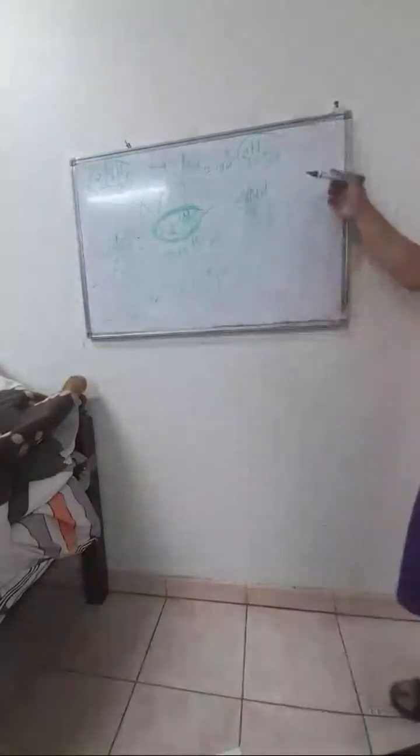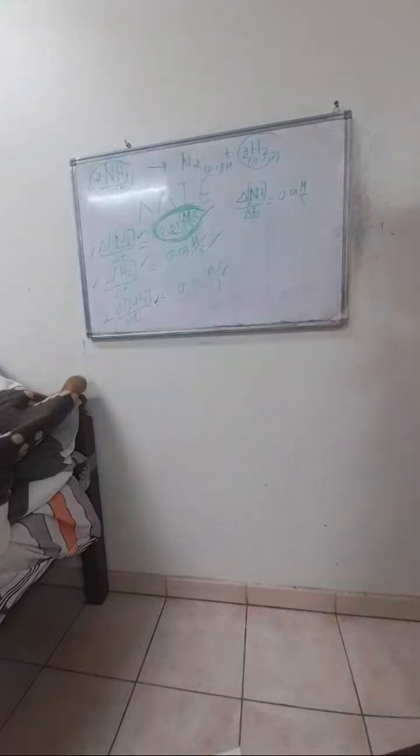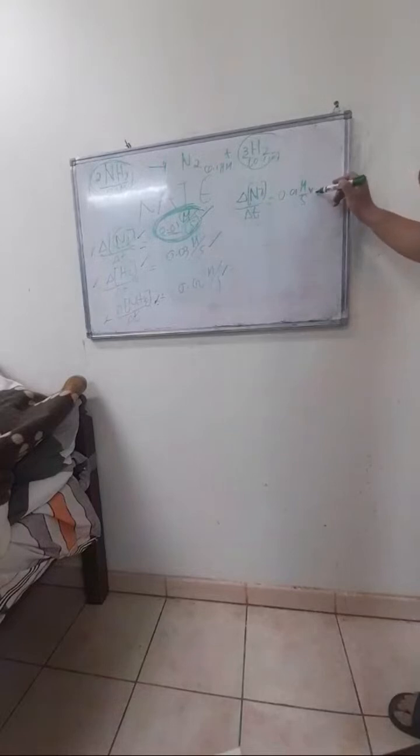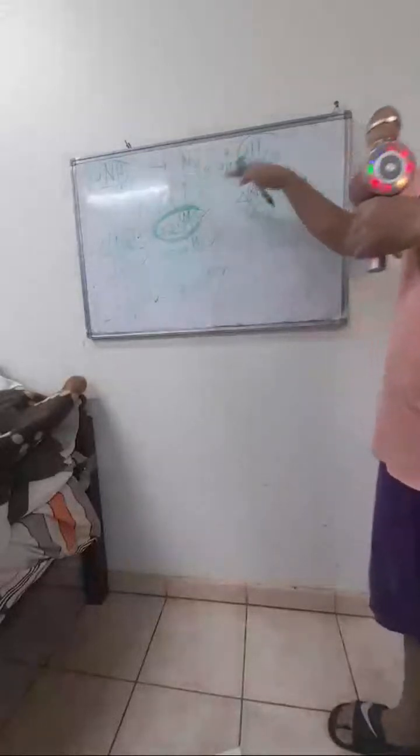So for N2, say 0.01 molar per second. Now, since you have 0.01 molar for N2, times N2, 1, because 1 mole of N2 in the reaction and also 1 in the overall reaction.